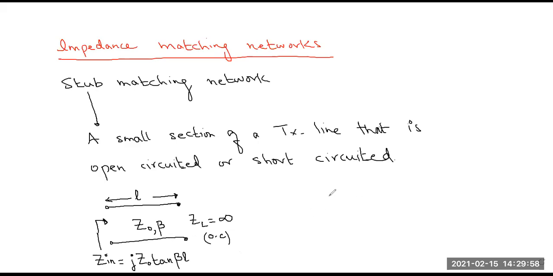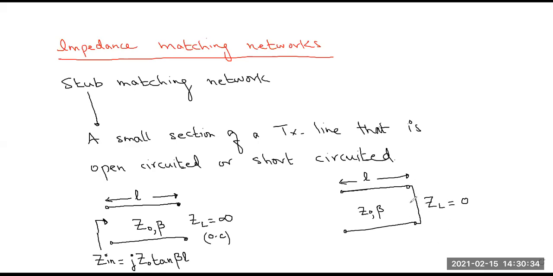Similarly, we also covered that if we consider the same transmission line piece with these properties, and you connect these two terminals directly together with a small wire, it is as if the load impedance is equal to zero.